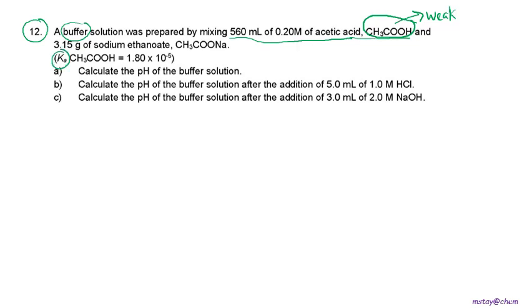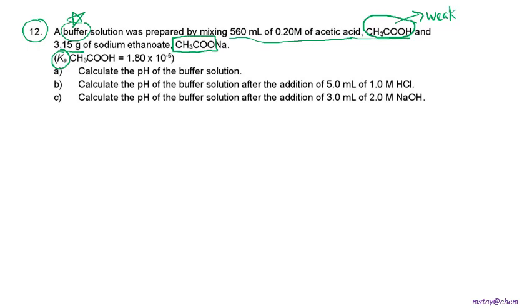And then we have 3.15 gram of sodium ethanoate. When we look at the formula for sodium ethanoate, we can see the conjugate base of CH3COOH. So this can help us to double confirm that the solution is a buffer solution. Even if the question didn't mention the buffer solution, you still have the ability to identify that the mixture is a buffer solution.